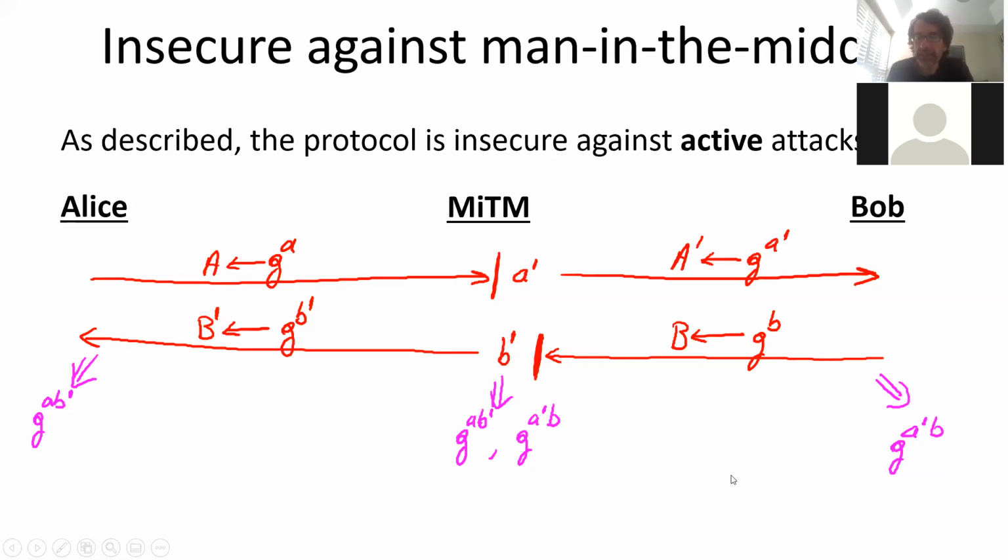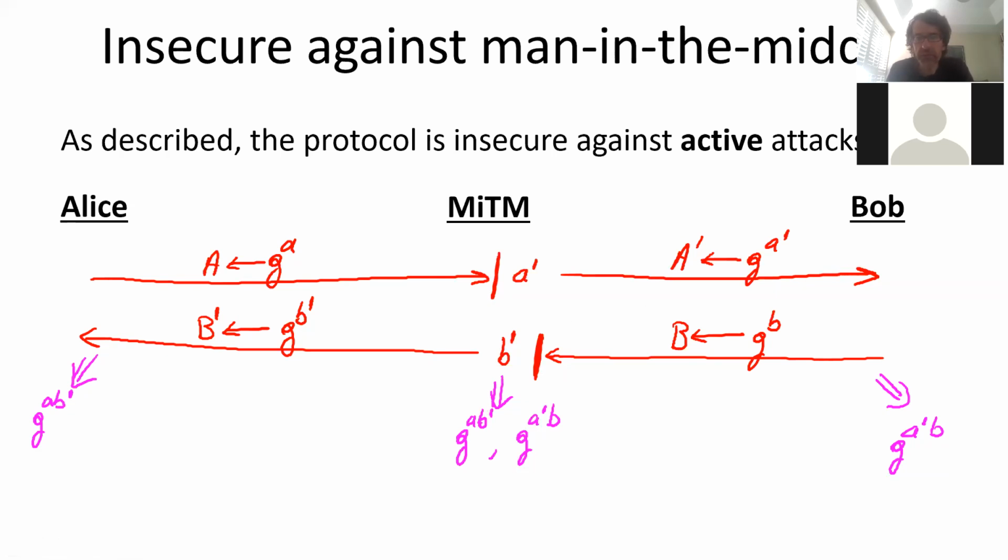And the key that he establishes with Bob is g to the a prime b, where a prime is the randomness in Alice's code, which man in the middle executed when interacting with Bob, right? Because the code is public.